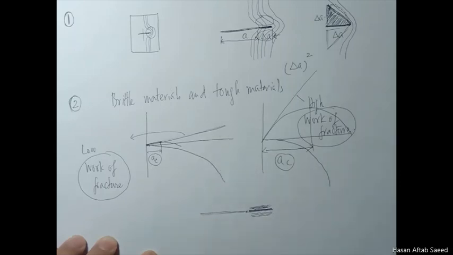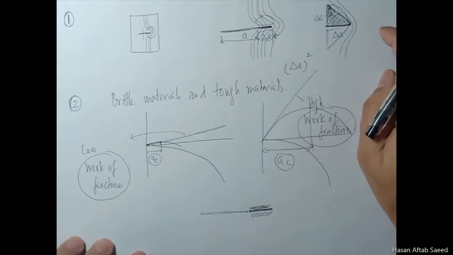On the other hand, for ductile materials, or we should more technically say for tough materials, there is some mechanism for work of fracture, and that mechanism can be different for different materials.